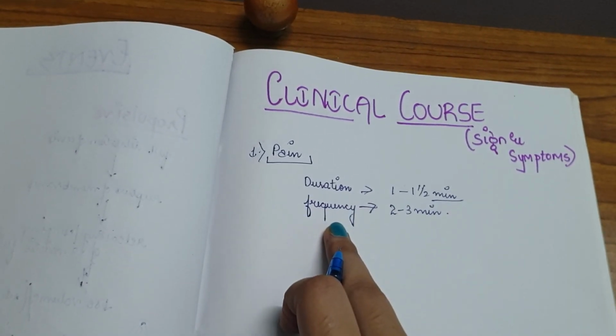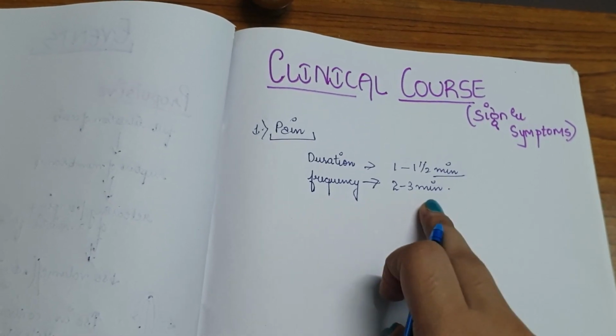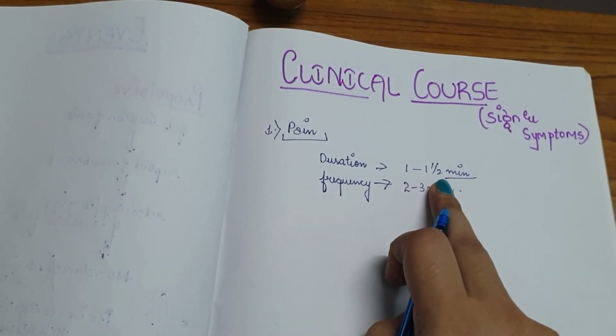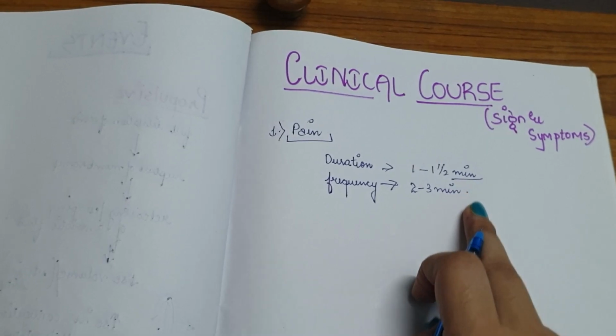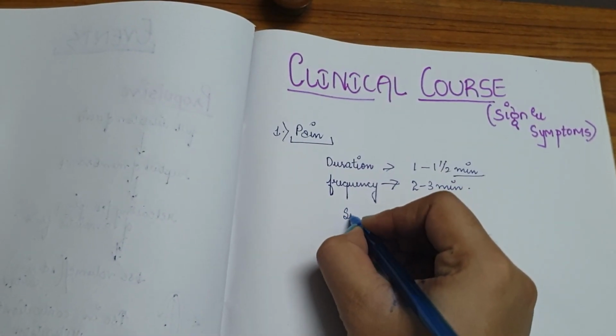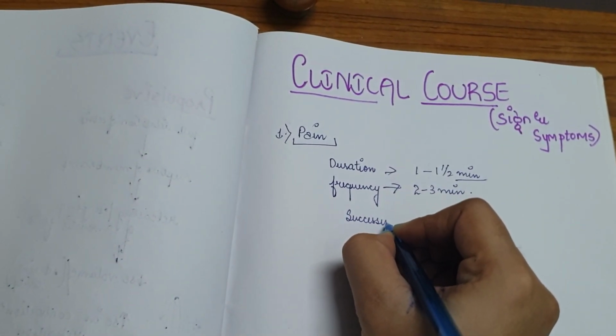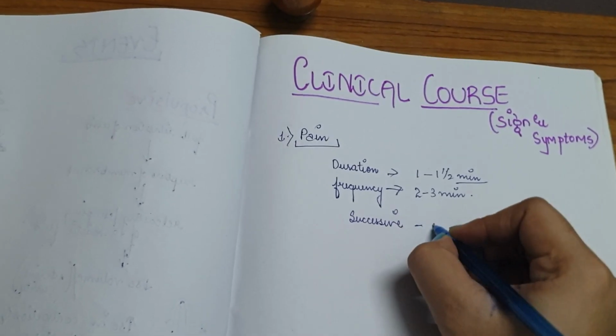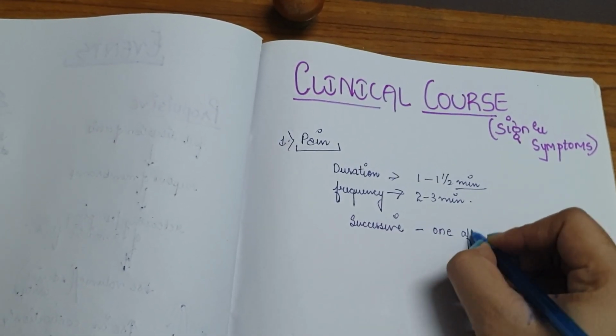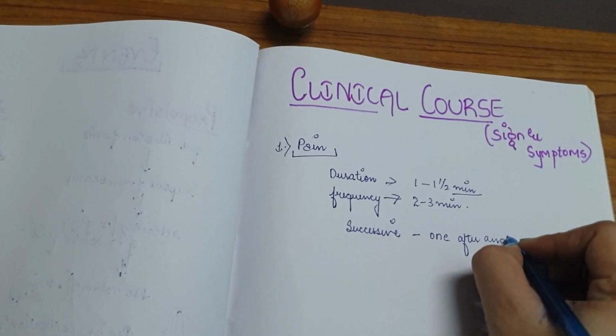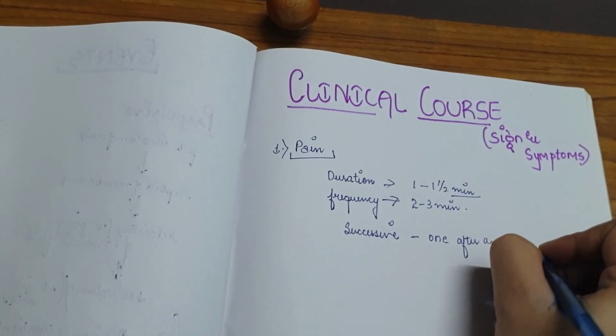But in the second stage of labor, the frequency is 2 to 3 minutes and the duration is 1 or 1.5 minutes, and it becomes successive, meaning the uterine contractions come one after another and at regular intervals.